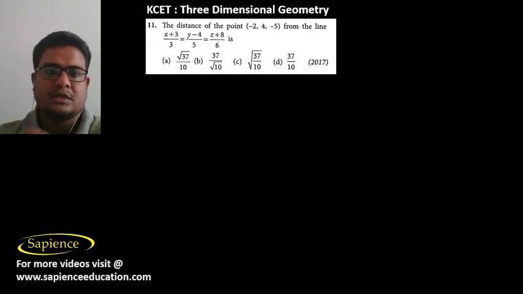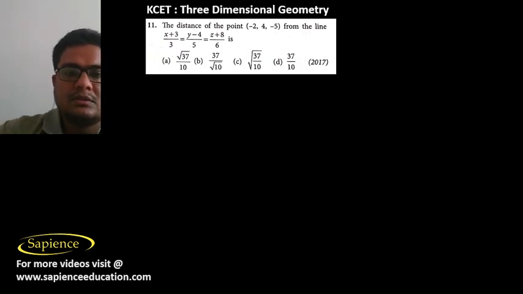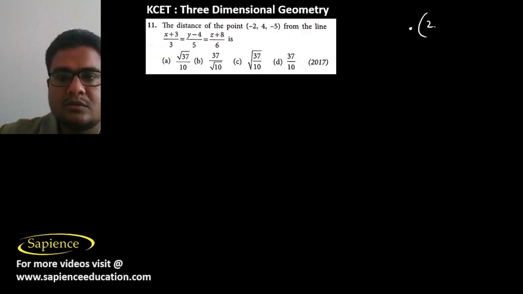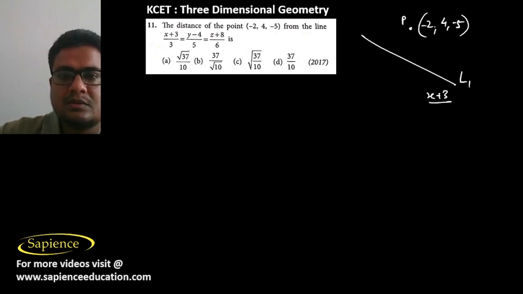In question number 11, it is told that the distance of the point minus 2 comma 4 comma minus 5 from the line L1, whose equation is given as x plus 3 by 3, that is equal to y minus 4 by 5, that is equal to z plus 8 by 6.